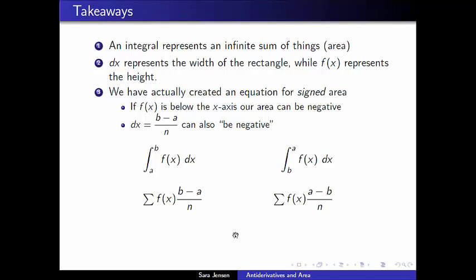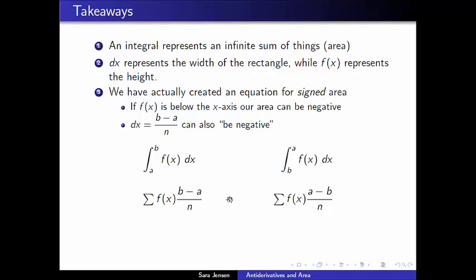These two expressions are nearly identical, but not exactly the same. And in fact, what we need to do in order to relate our left-hand expression to our right-hand expression is multiply this dx value, b minus a over n, times a negative 1, which will make the b negative and the a positive exactly as it appears over here.